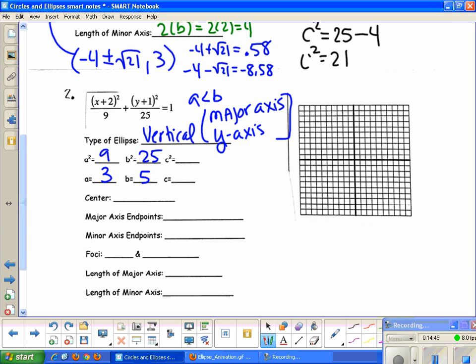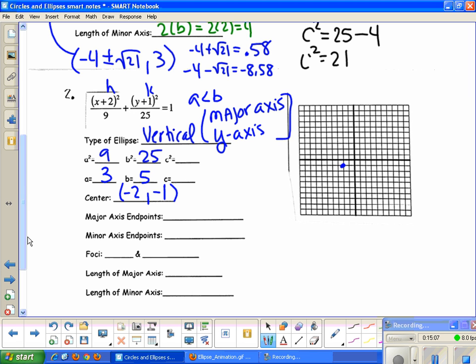The center is at h and k still, because h is always with x and k is always with y. So the center is -1, -2, sorry, -2, -1. So when I plot this, I have -2, -1. So that's the center.